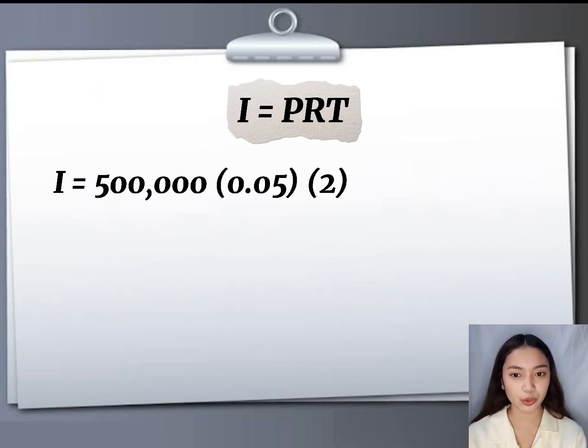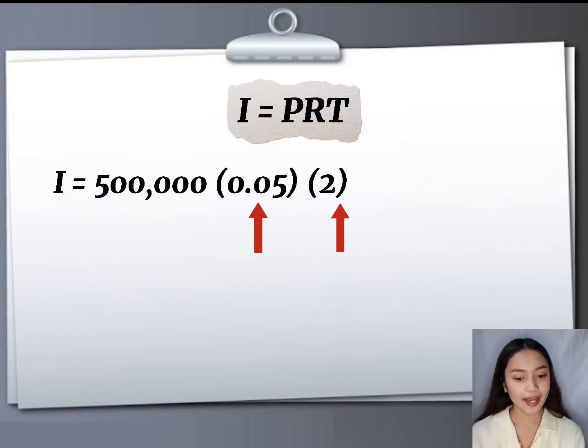Let us substitute. First, we need to multiply 0.05, or the 5%, by 2, which is the 2 years. So now, I is equal to 500,000 multiplied by 0.05 and multiplied by 2, which of course is equal to 0.1.